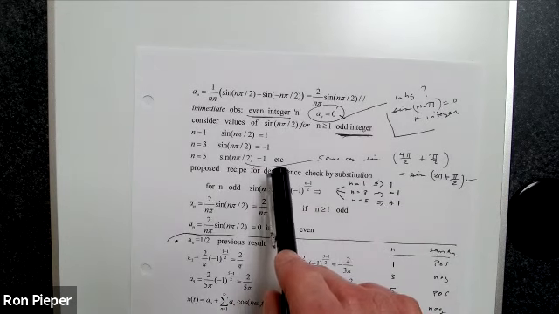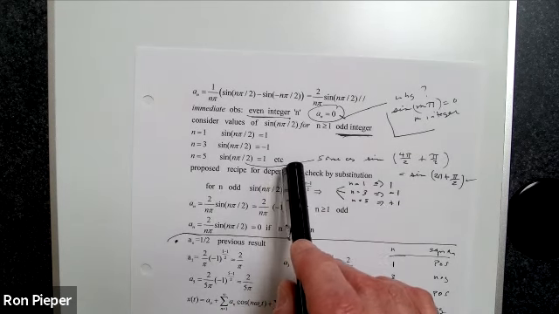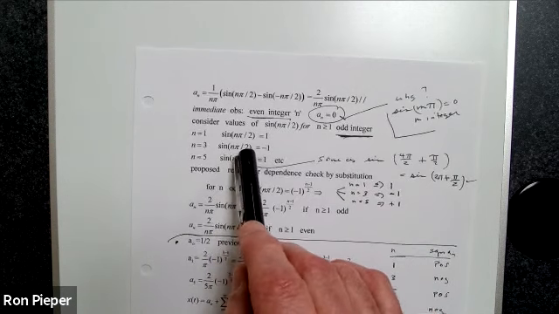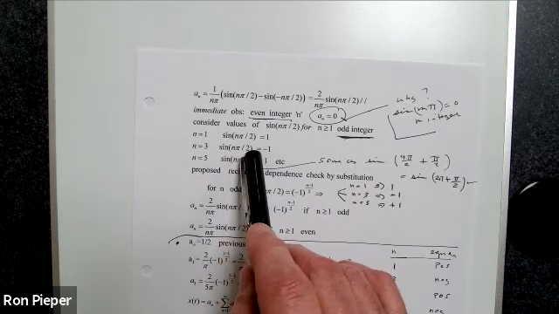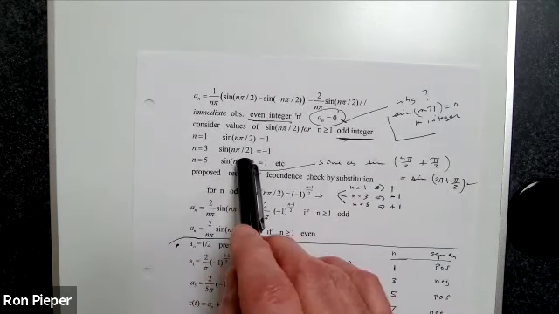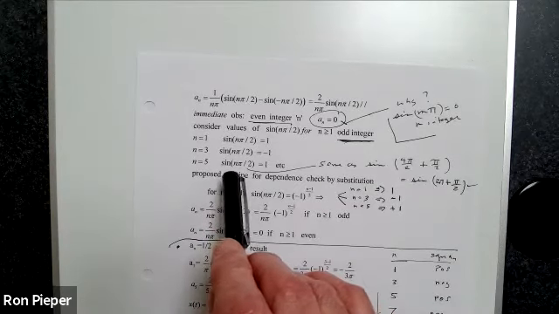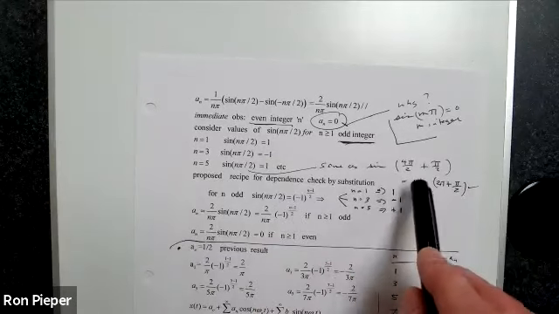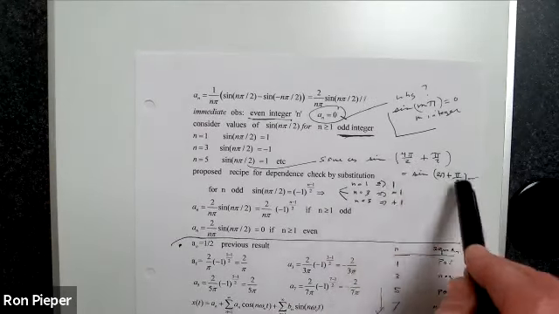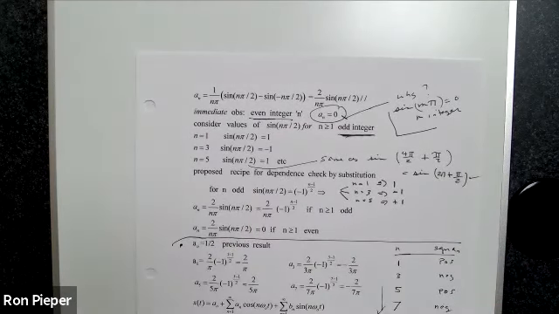We can see that 3 pi over 2 would be like the sine of pi plus pi over 2. And n equal to 5 would be the sine of 4 pi over 2 plus pi over 2, which is 2 pi plus pi over 2, and that would be +1.